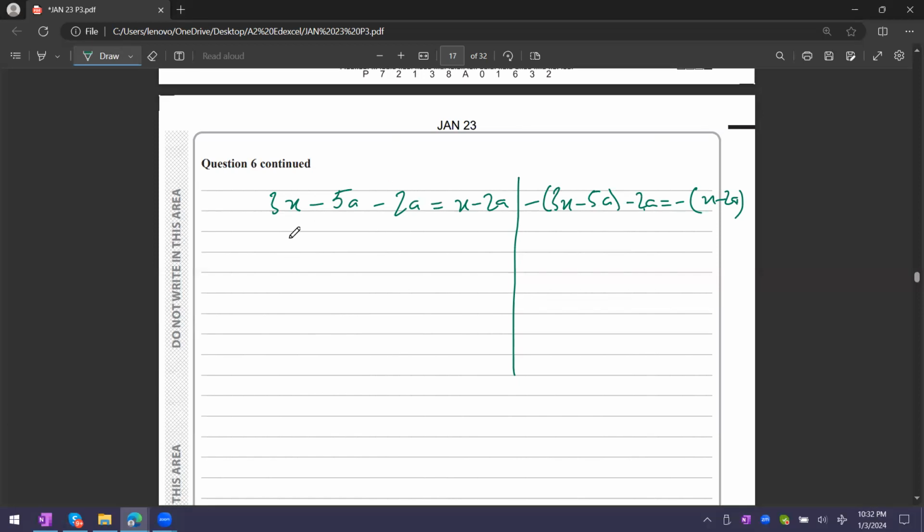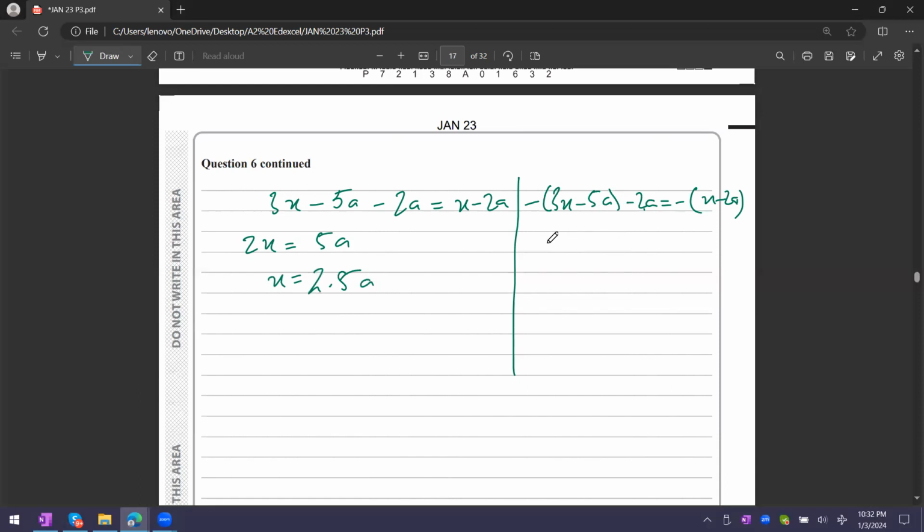The left side, 2x, 7 minus 2, 5a, x is equal to 2.5a.